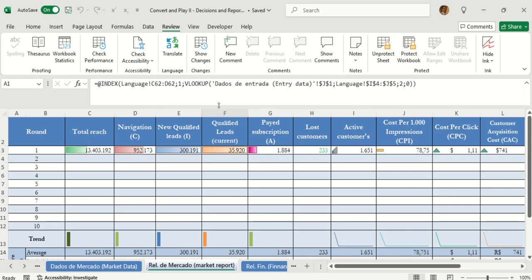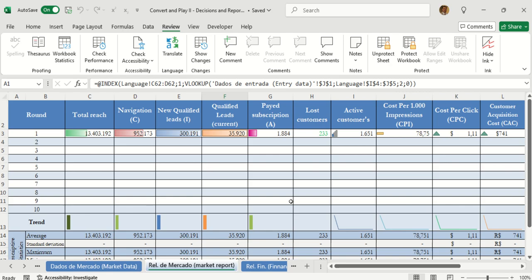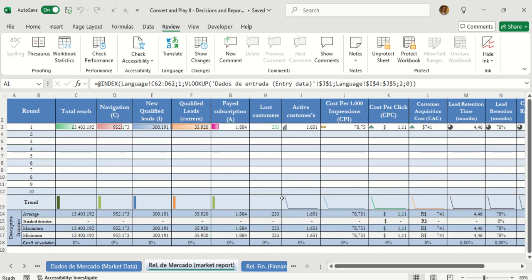You'll be able then to check what are the metrics in the different levels of the funnel over the first year. So this was the total reach. This was the total number of people that clicked into your campaigns and showed some initial interest. Here are the new qualified leads that you conquered all over the year.